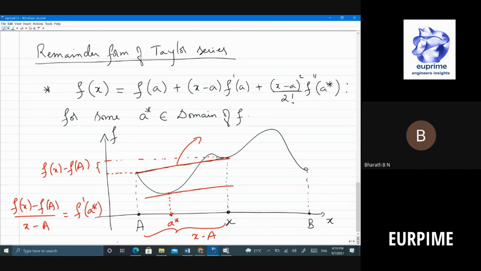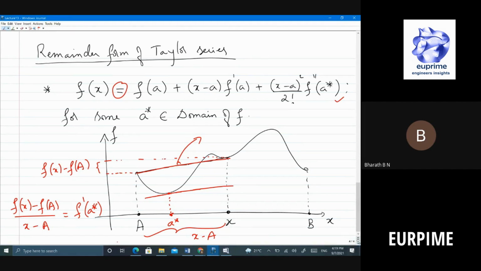So by cross multiplying, I can write f of x as f of a plus x minus a into f dash of a star. I can extend that to get this. You can extend beyond this also, but this is how you get your remainder form. By the way, you should note that this is exact equality. It's not less than or equal to, greater than or equal to, or approximately equal to. It's exactly equal to.